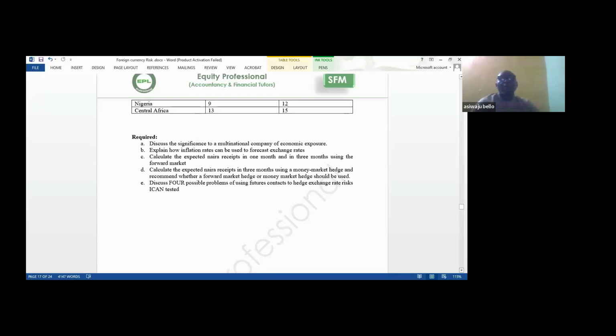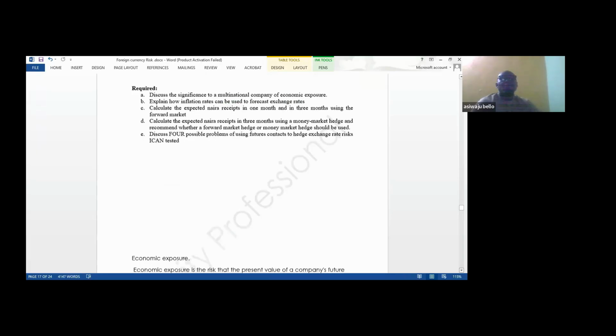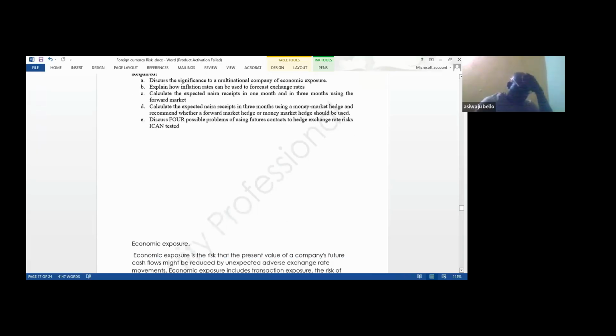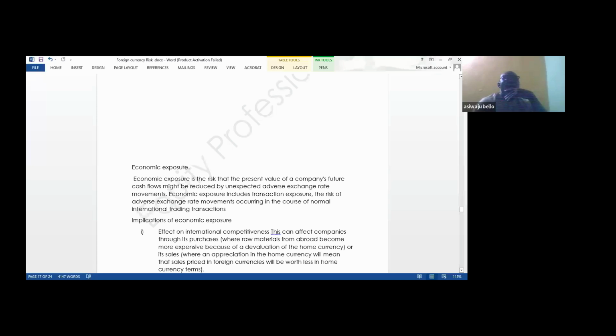Let us deal with this. Economic exposure is the risk that the present value of a company's future cash flows might be reduced by unexpected adverse exchange rate fluctuation.